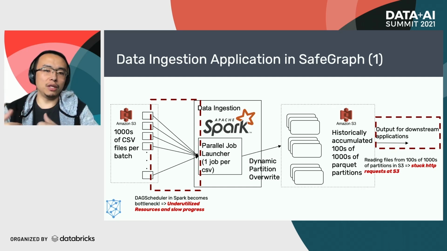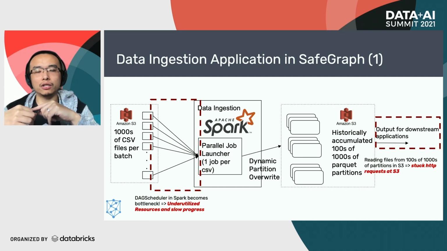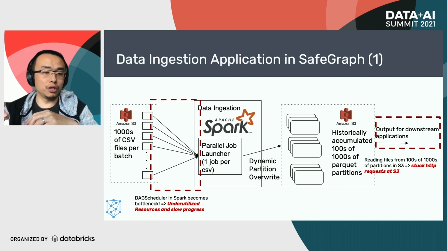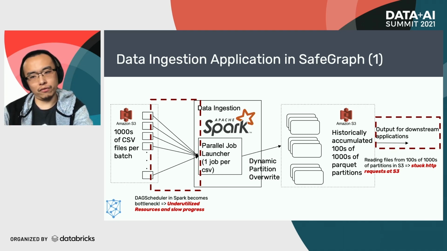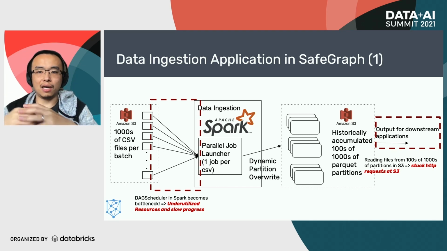Because we launch so many jobs, the DAG scheduler cannot serialize the closure and dispatch the tasks in a timely manner. That leads to underutilized resources in our Spark application, and the overall progress is really slow. The second bottleneck is on the last step. When we output the snapshot to downstream, S3 itself becomes the bottleneck, because we have so many partitions. We are reading files from all of them, and all the HTTP requests were stuck there.